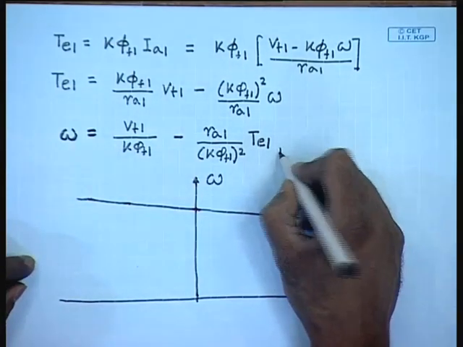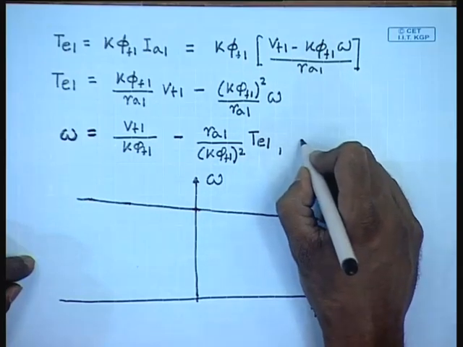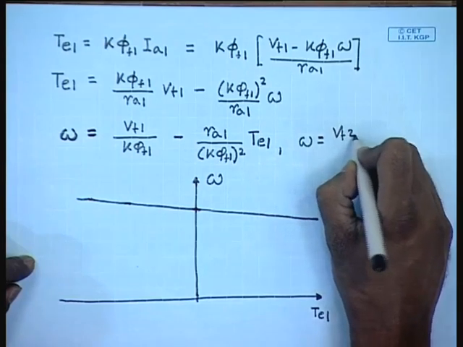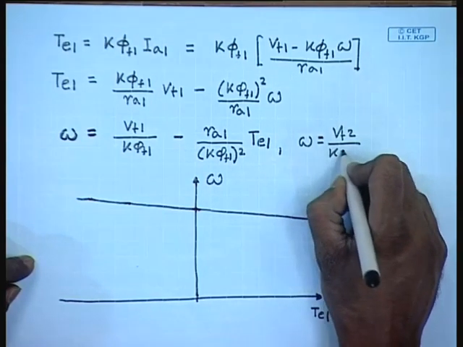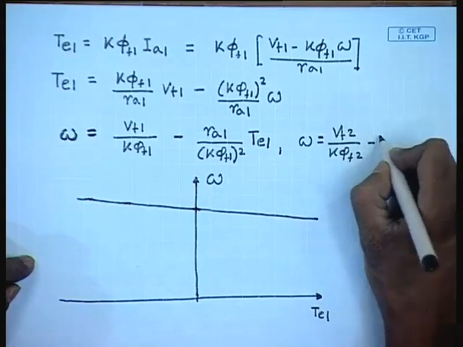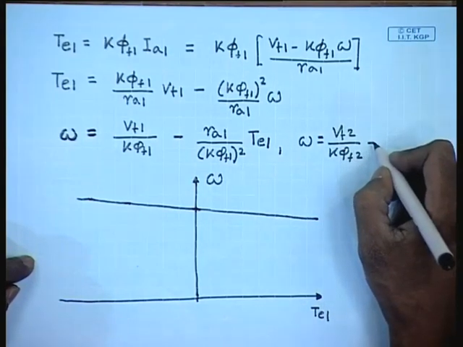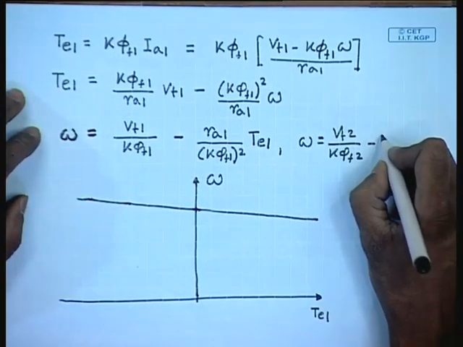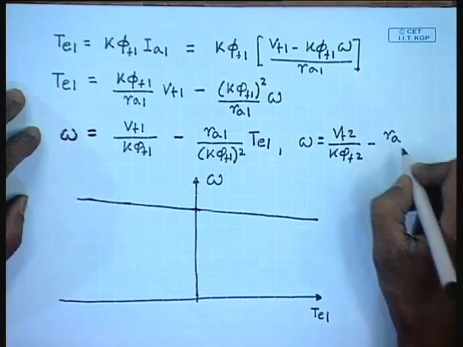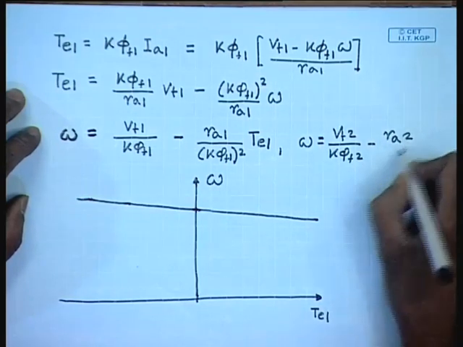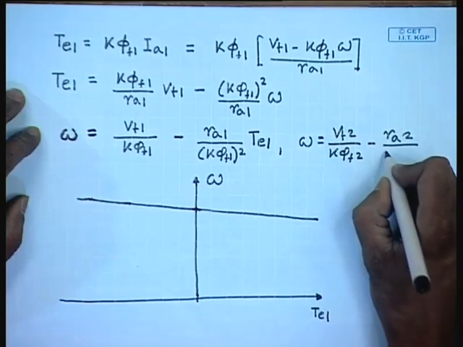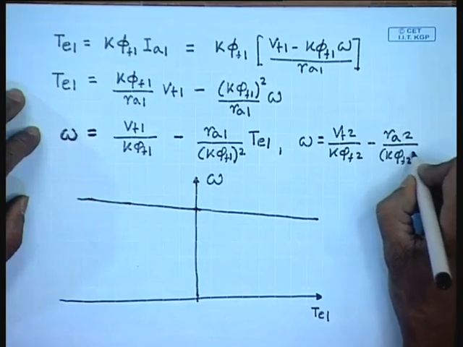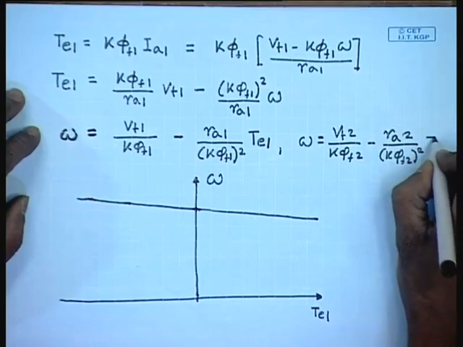Similarly, for the second machine we can write omega equals Vt2 by K phi F2 minus Ra2 divided by K phi F2 whole square TE2.